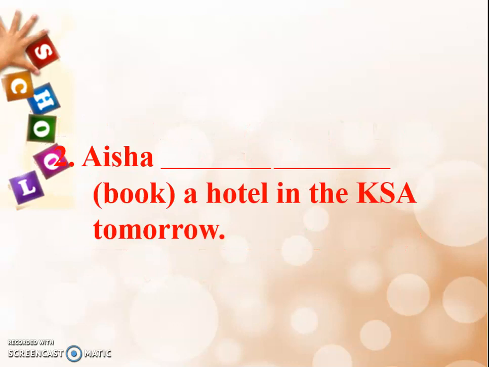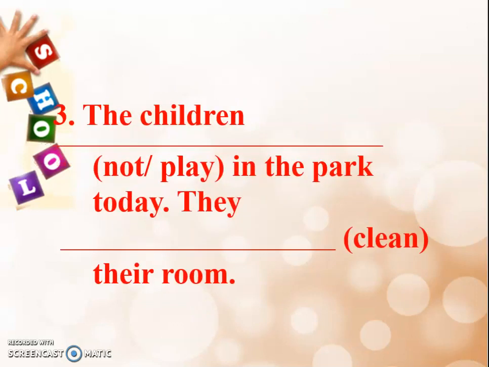Number 2. Here, we have Aisha. We use the structure of be going to plus verb. Aisha is going to book a hotel in the KSA tomorrow. Is going to plus verb, which is book here. Number 3, here we have a hint which is a negative form.